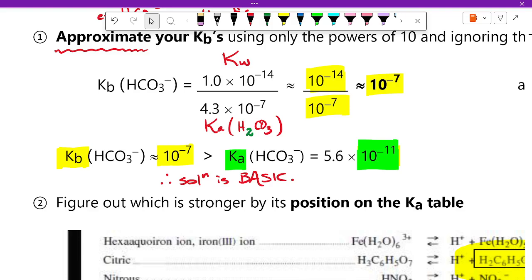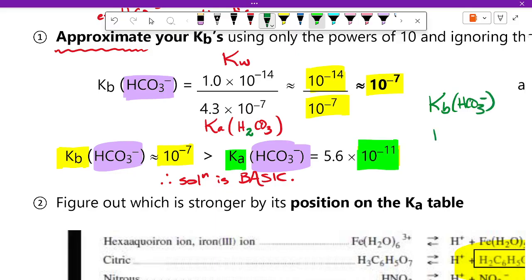You're comparing the Kb of HCO3 with the Ka of HCO3. You're not comparing Kb of HCO3 with Ka of H2CO3. You're not comparing those two.